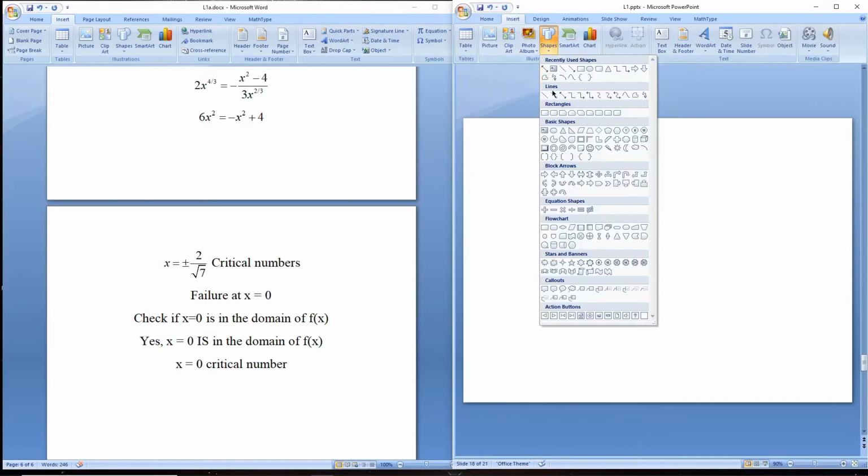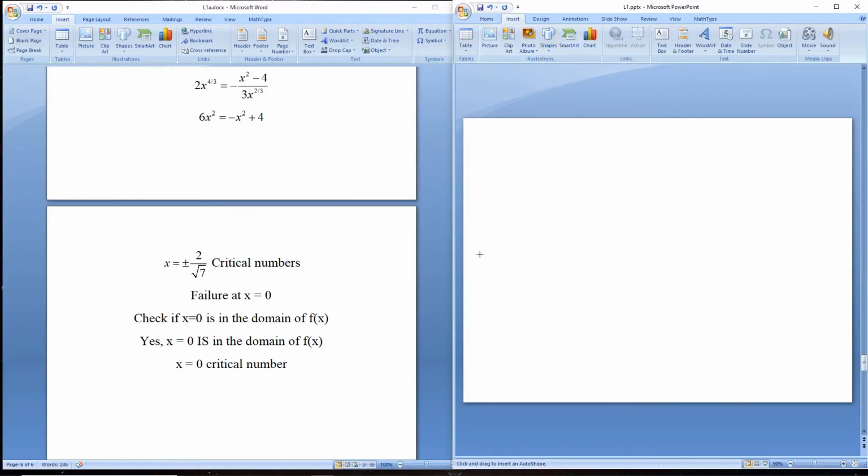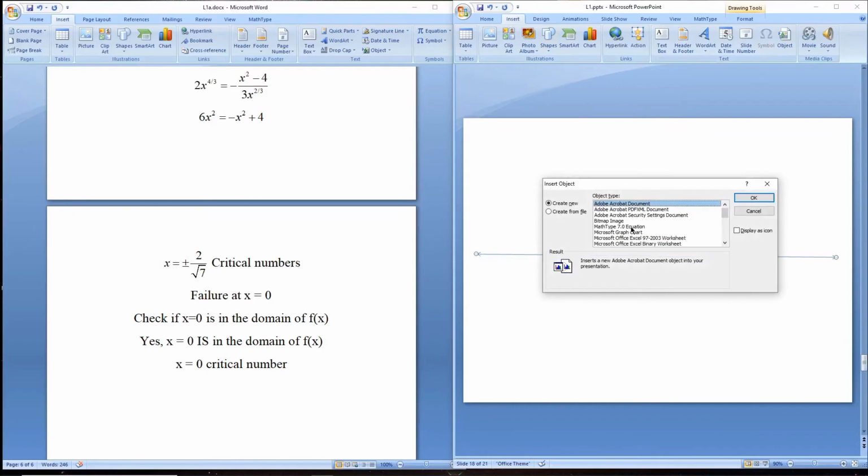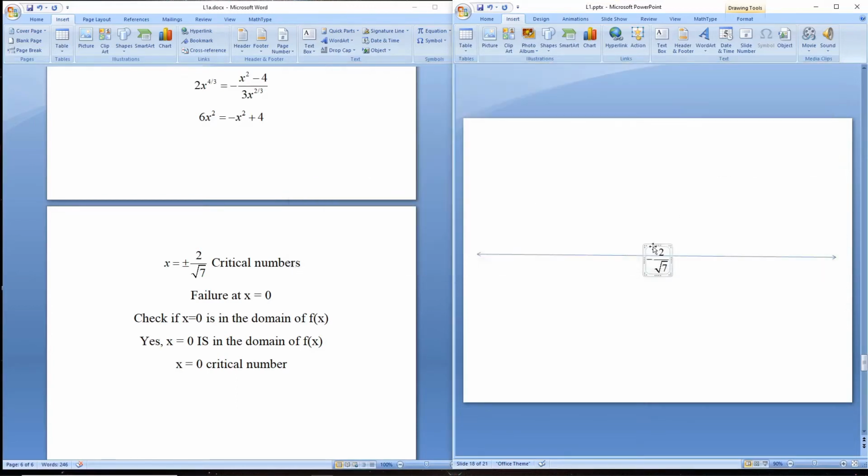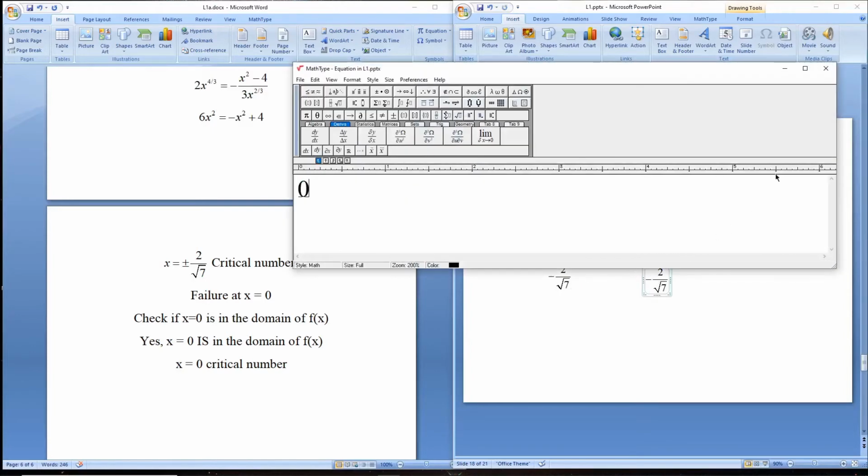And so now we'll go to more hand work. Just draw a number line. We'll stick our numbers on this number line. So we're going to have a minus 2 over square root of 7, I'll just stick that over there somewhere. And then we'll have a 0.